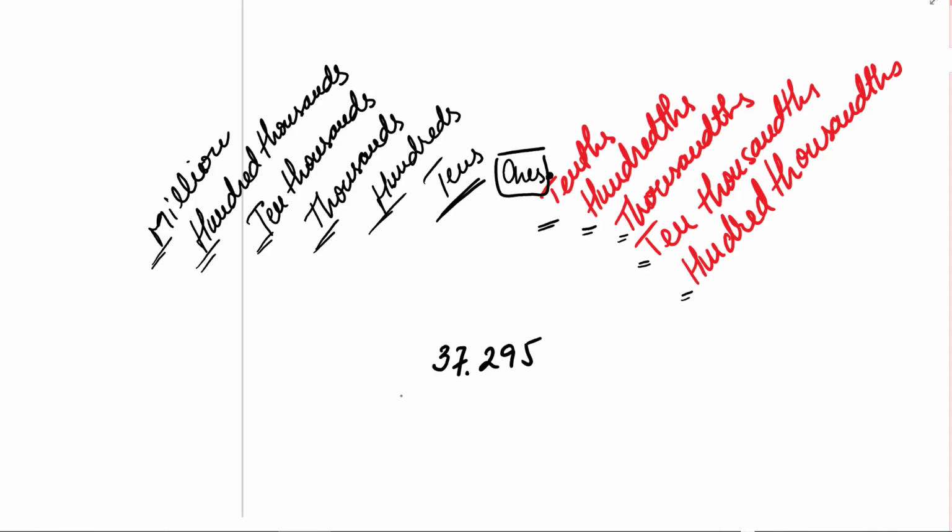So if it says round to the nearest tenth, then we are going to say 37 point, and we have to deal with 2. We will have to round that one.